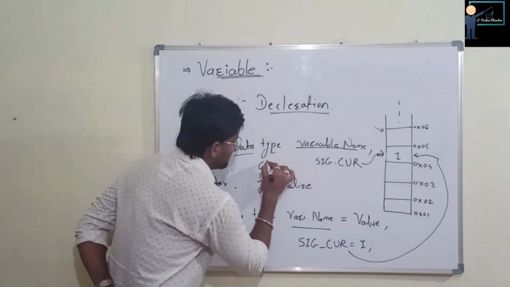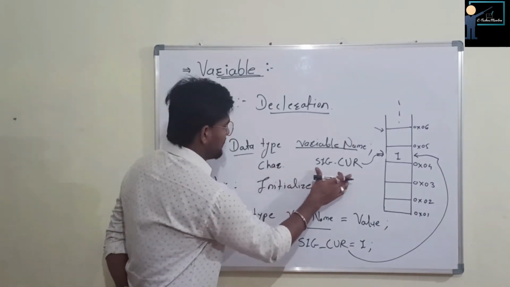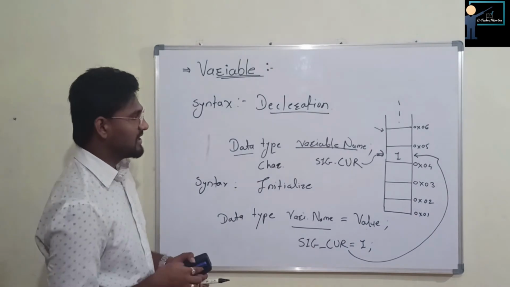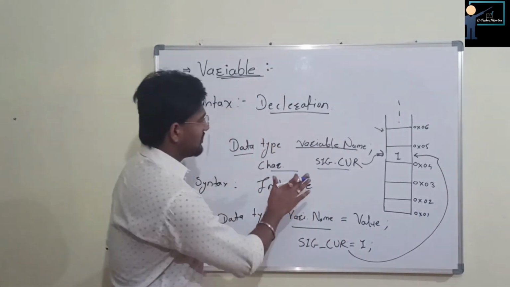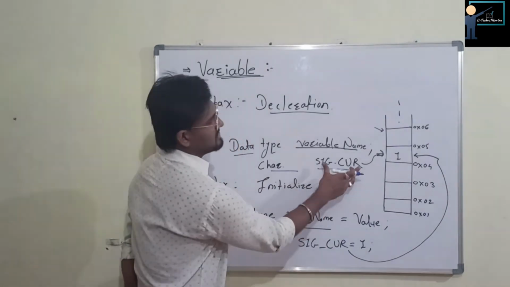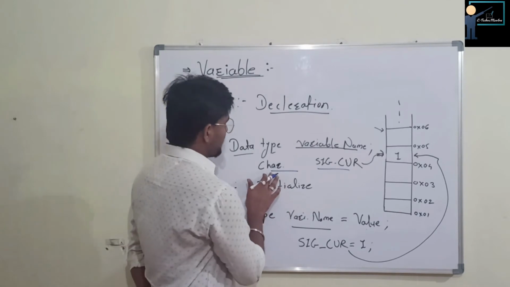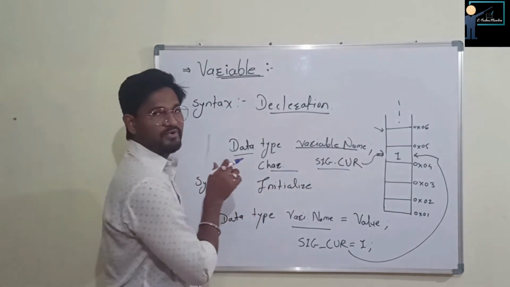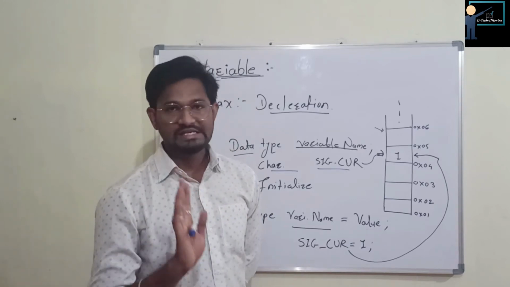Character is one data type. If I use character, then the variable name, sign underscore CUR, in that scenario it shows that this variable has a capacity of 1 byte of memory, which means 8 bit.